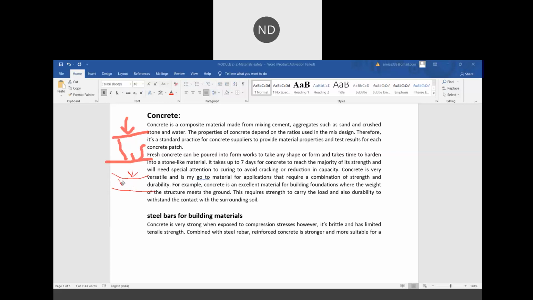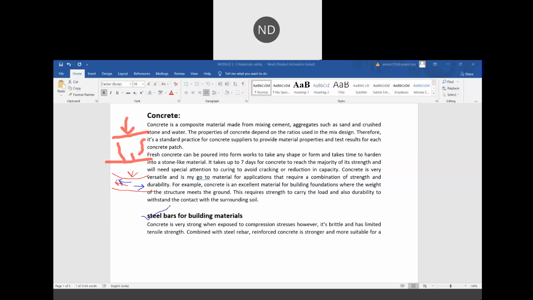Why? Because it now should take the tension, right? But concrete is good in compression only, it is not good in tension, and therefore these cracks are visible. Okay, and as a result of which it fails.